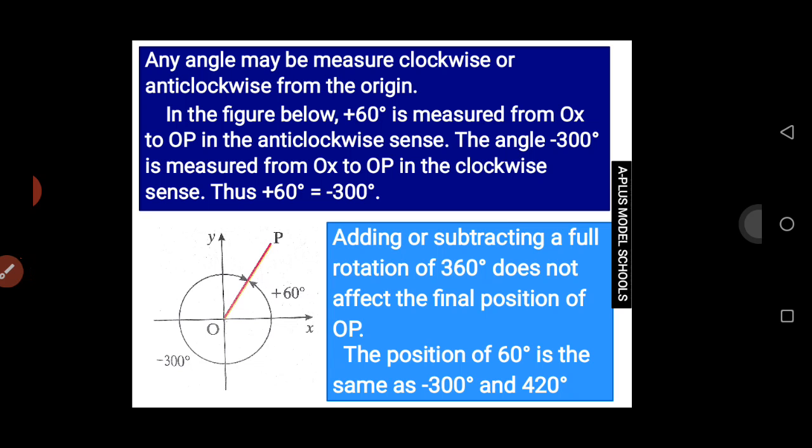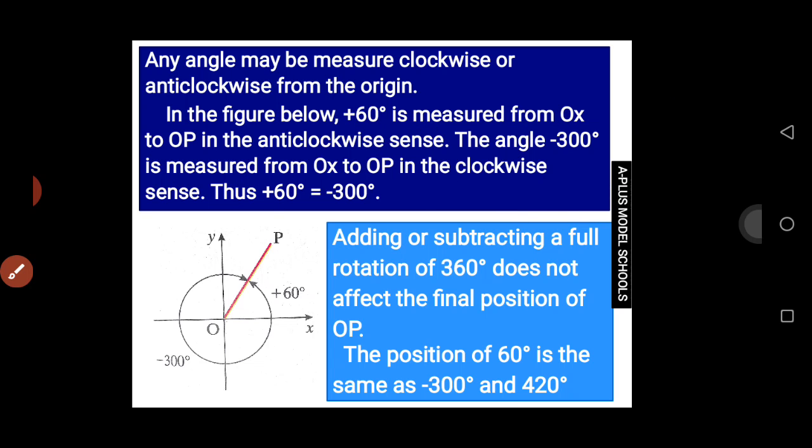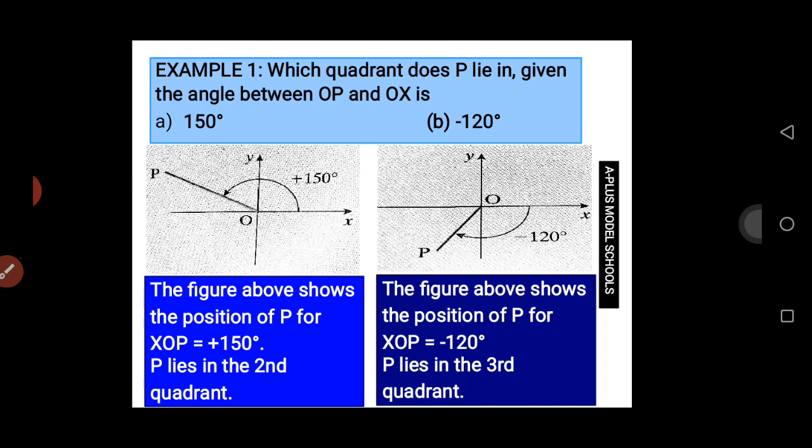The position of 60 degrees is still the same as minus 300 degrees and 420 degrees. When you add 360 to plus 60 degrees, it will give us 420 degrees, so it still stands in the same quadrant, which is the first quadrant.